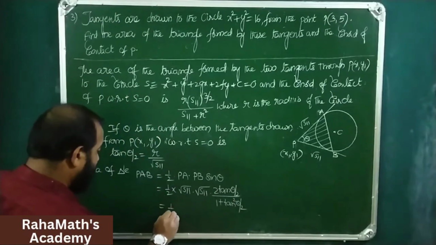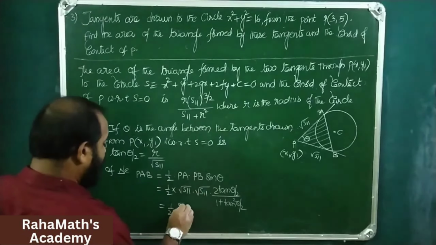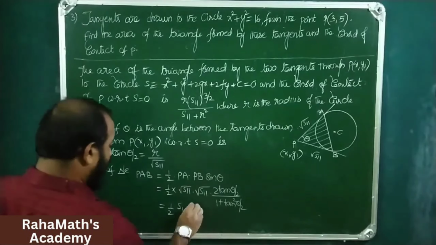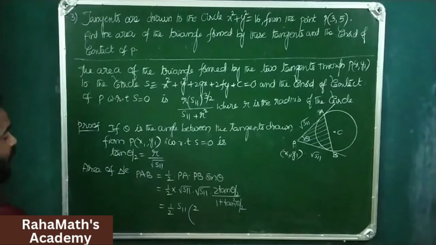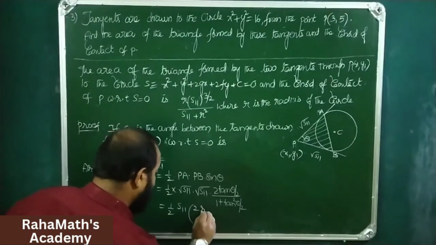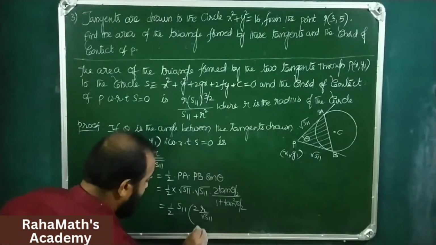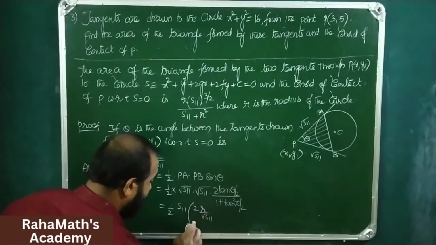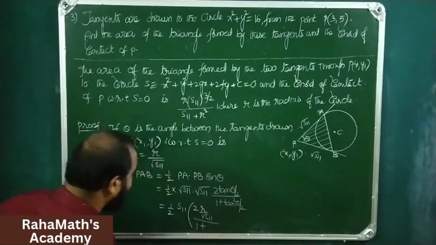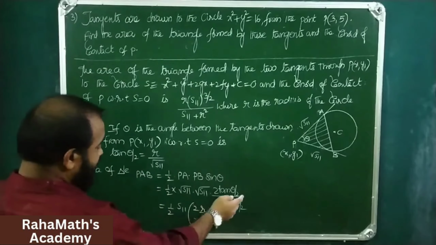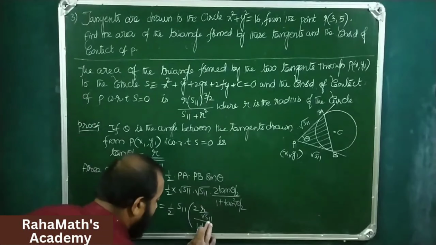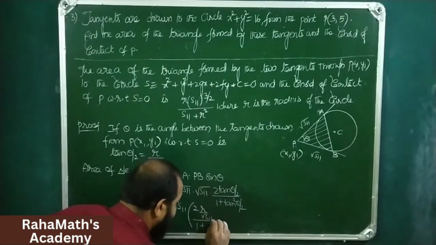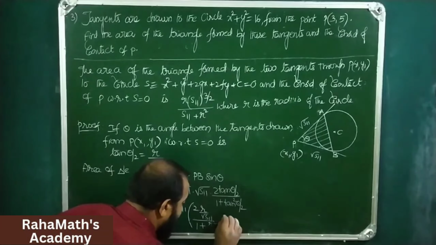So this is half root S11 into root S11, which is S11, into 2 tan theta by 2, which is 2R by root S11, divided by 1 plus tan square theta by 2, which is R square by S11.